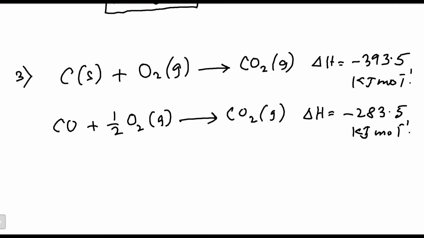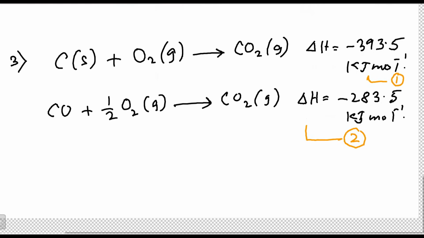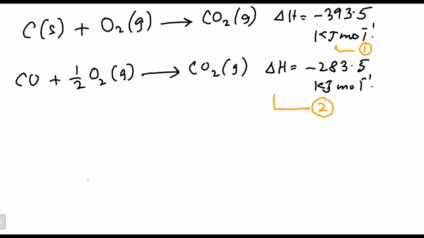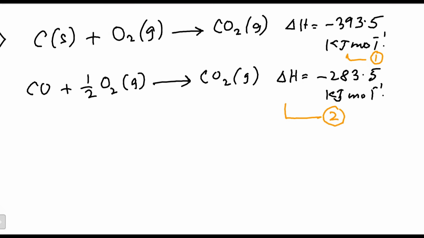Let me call the first equation 1 and the second equation 2. We have to find the heat of formation of carbon monoxide, that means an equation where carbon monoxide is forming. We can do it by subtracting equation 2 from equation 1.